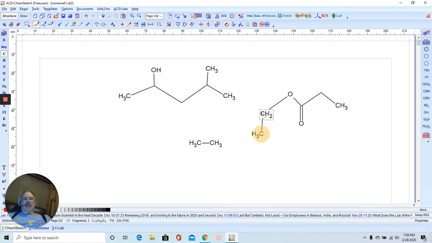And it is a quartet because there are three adjacent. And then this is a triplet because there's two adjacent. So we've got 1, 2, 3, 4, 5, so that fits our molecular formula. So this is one that's called ethyl propanoate.